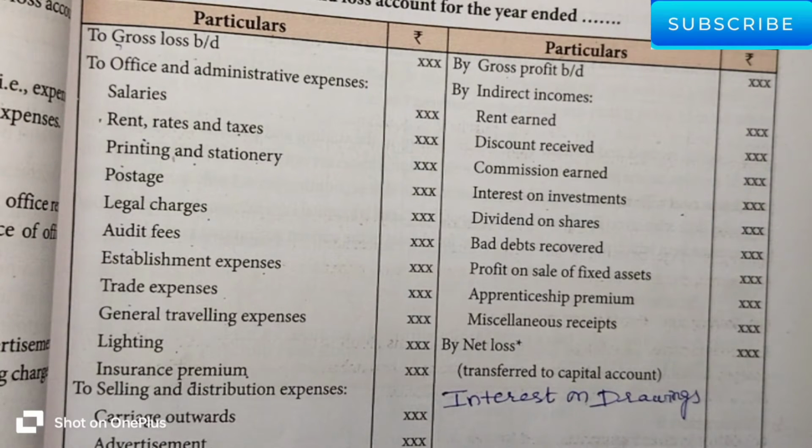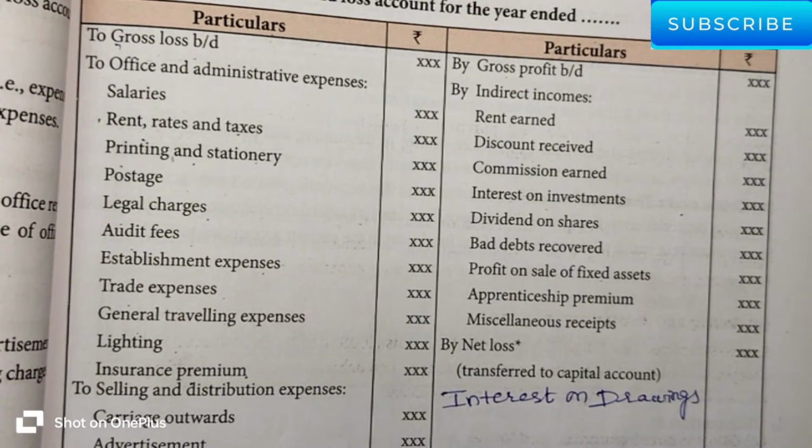all the indirect expenses and losses on the debit side of the profit and loss account. What is meant by indirect expenses? Indirect expenses include office and administrative expenses, selling and distribution expenses, etc. We call these indirect expenses.